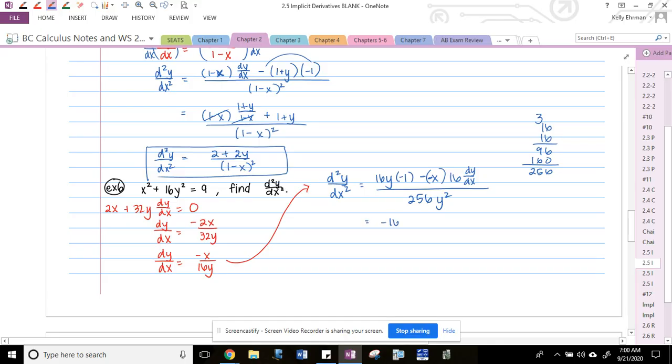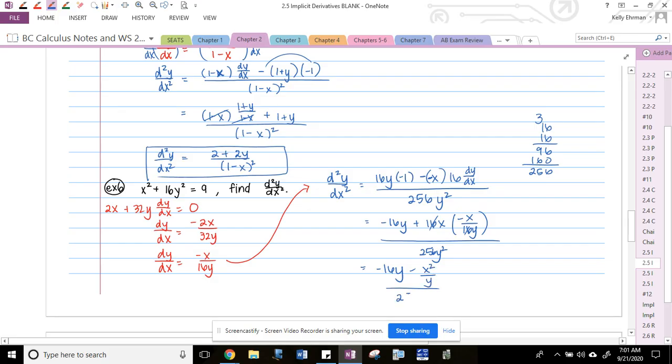This would be negative 16y plus 16x. What is dy dx? It's negative x over 16y. That cleans up a bit. Negative 16y plus the 16's cancel, so I shouldn't say plus, I should say minus x squared over y.